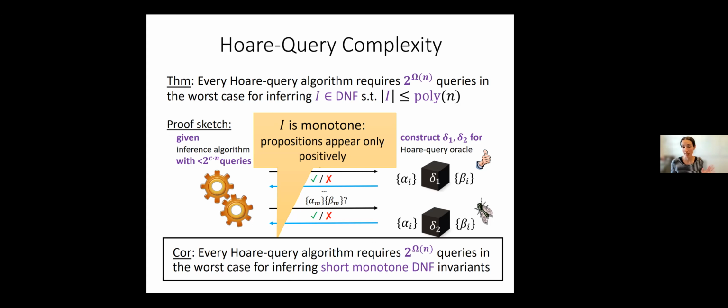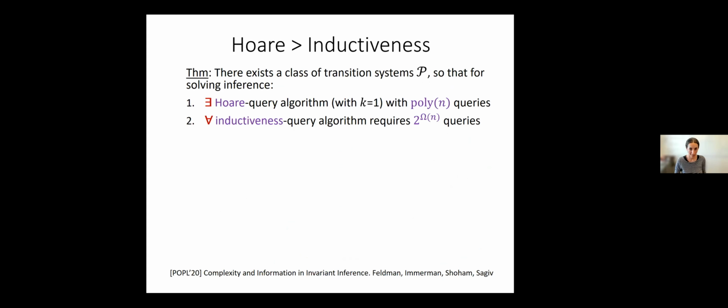So this is basically the first theorem, and this is a lower bound for the more general model. So of course, it also applies to the inductiveness query model that is simple. The second theorem that we're really excited about shows that there is actually a gap between the hole query model and the inductiveness query model.